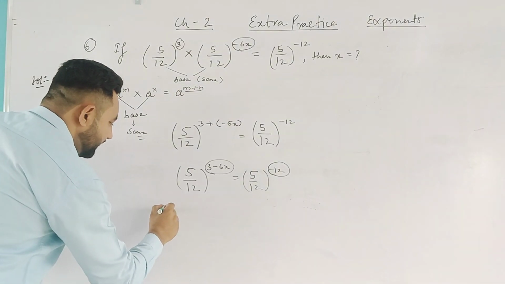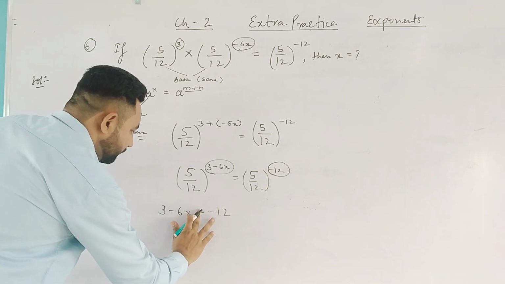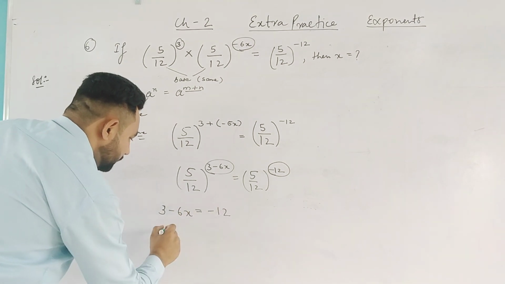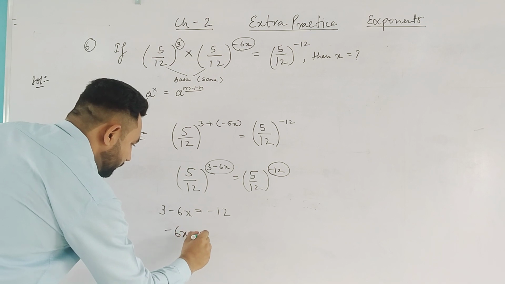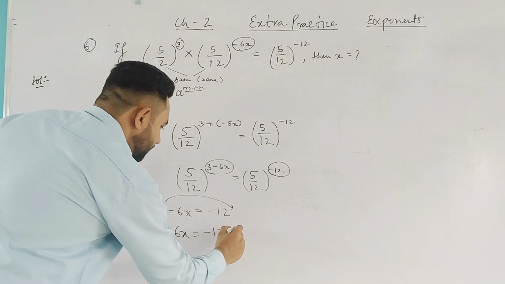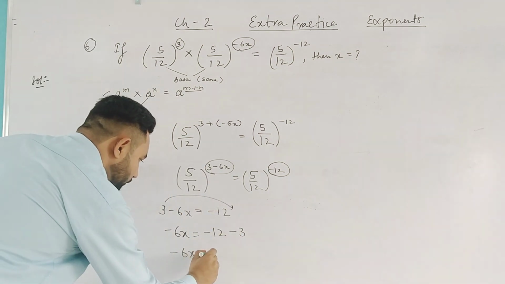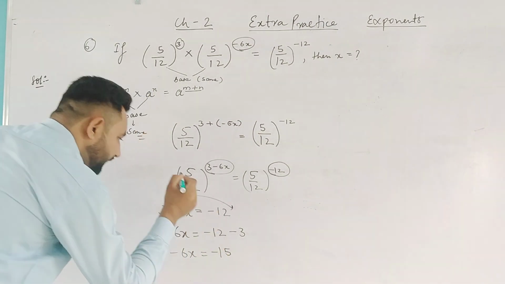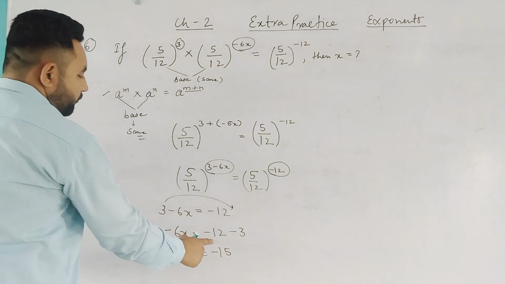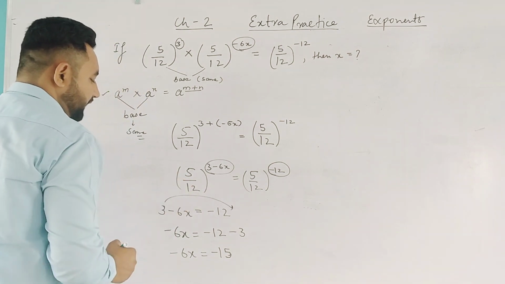So 3 minus 6x is equal to minus 12. You will send this 3 to the right hand side, it will become minus. Minus 6x is equal to what? Minus 15, because minus 12 and minus 3 becomes minus 15.